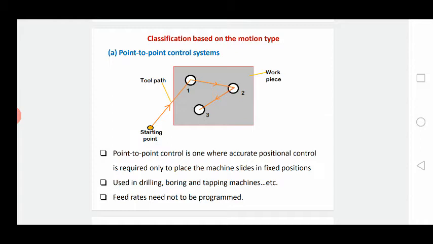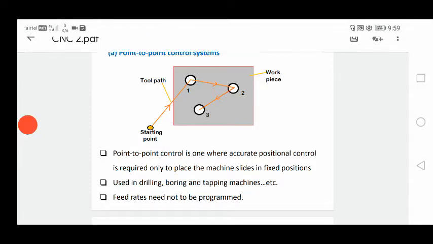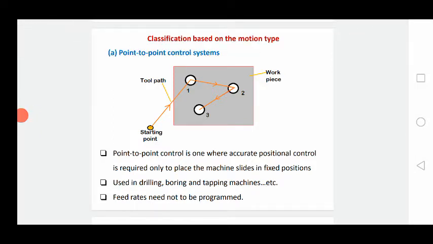When it is moving from one point to another, in what path it travels, we are not bothered about that. Only whether it is reaching the second point or not, whether it is at position or not, is taken care of here. Such a system is used in drilling, boring, tapping, etc.